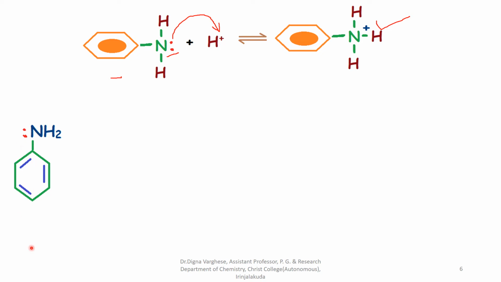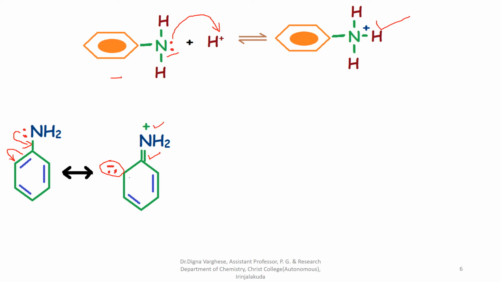Here you can see the aniline, and here a lone pair of electrons is present on the nitrogen atom which can donate electrons to the ring, so that the electrons shift towards this carbon, forming a negative charge on this carbon, and this bond becomes a double bond, and the nitrogen atom becomes electron deficient, forming a positive charge here.